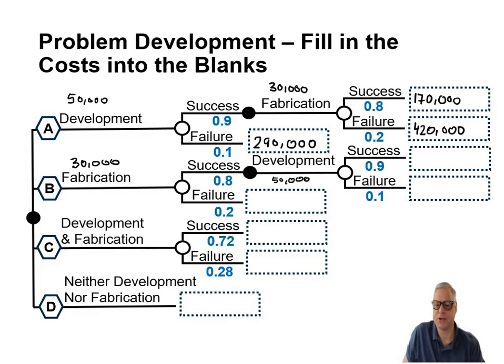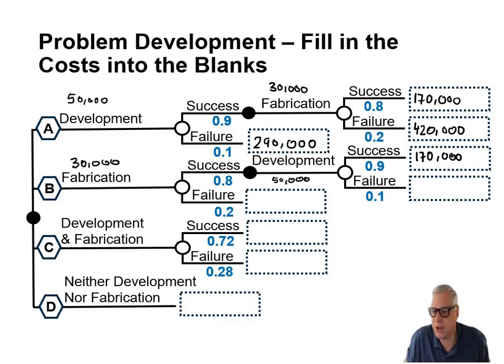And if it is successful, well, that's the same as in decision A, if everything goes well, 170,000. So we spent 80,000 on research, and if everything is successful, we can produce the engine at 9. 10,000 times 9, 90,000 plus 80,000, that's 170.